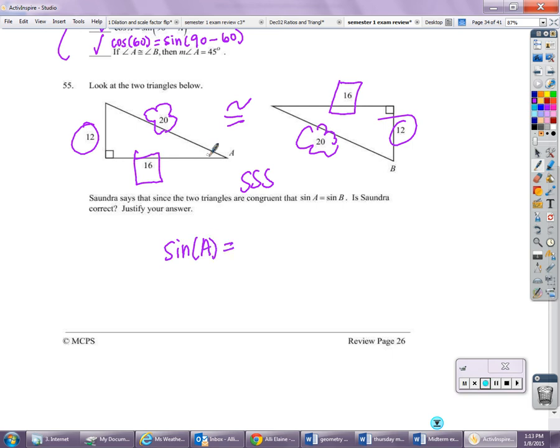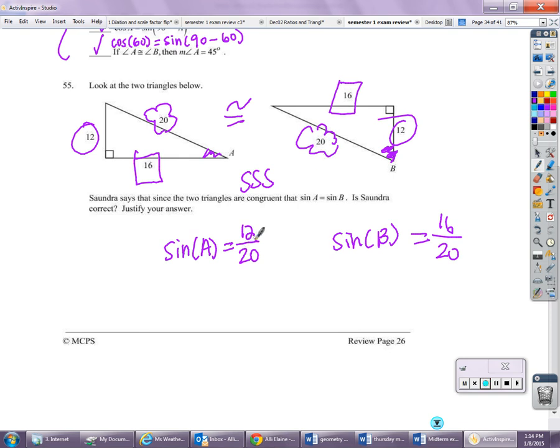So sine is opposite over hypotenuse. And the sine of B, here's angle B, opposite over hypotenuse. 12 over 20, did I do this right? Opposite over hypotenuse.